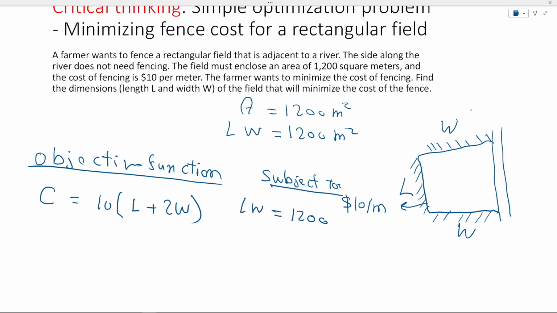We will learn multi-variable derivatives in another lesson. But for now, we know a relationship between L and W, so we can get rid of one of them and have just one independent variable, W or L. So let's get rid of L. L is equal to 12,000 over W. So my objective function would look like 10 times 12,000 over W plus 2W.